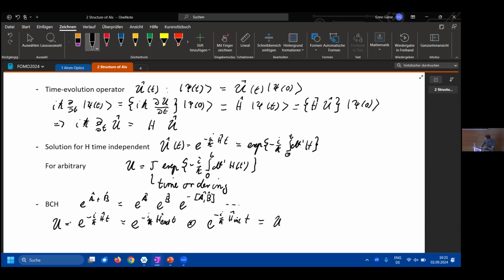And I'm going to just call this U external of t times U internal of t. So we can just separate and evolve the internal state and the external degree of freedom separately.